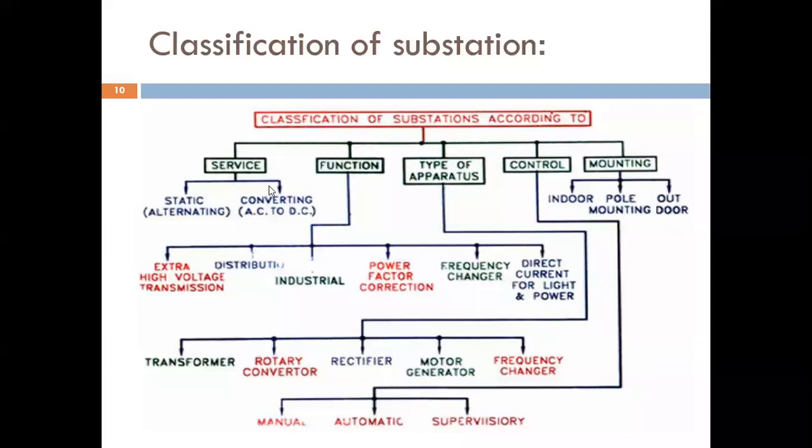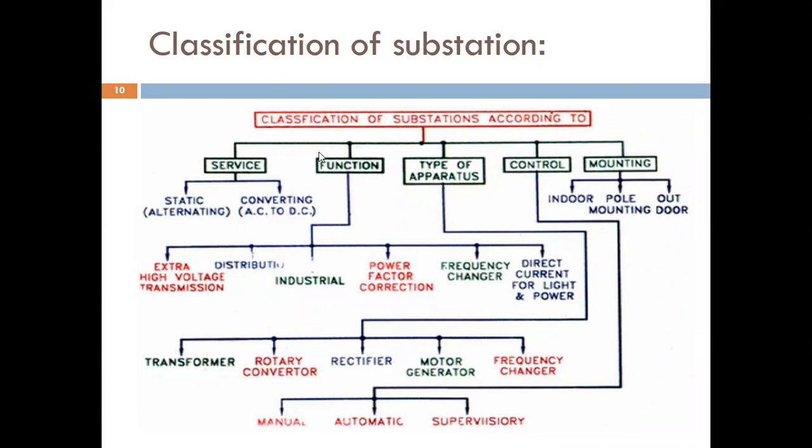So here we have studied the different types of classification of substation according to the main five points: service, different functions, types of apparatus, different types of control systems, and mounting of substation.